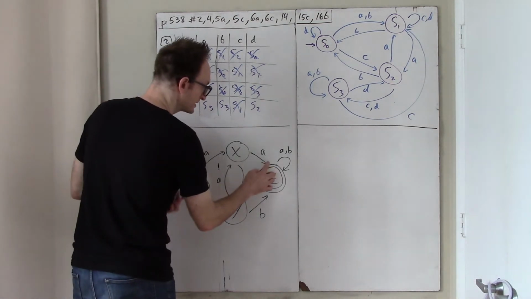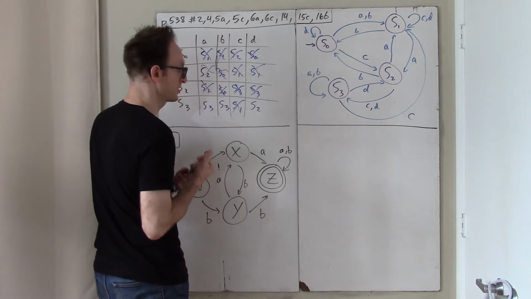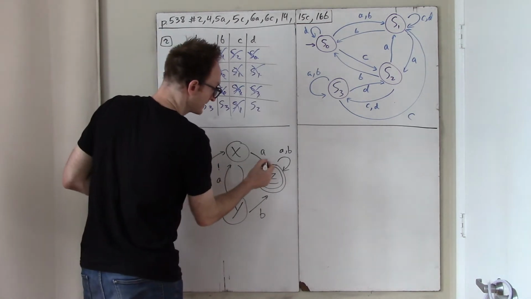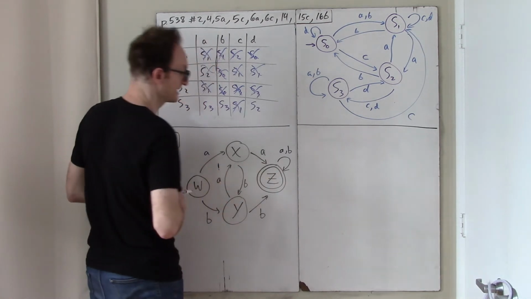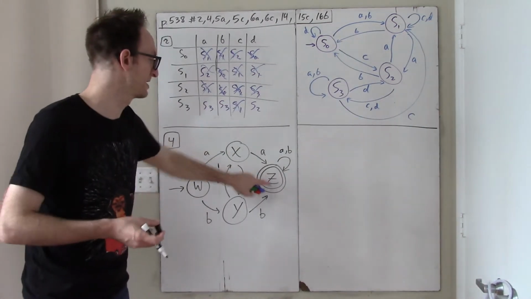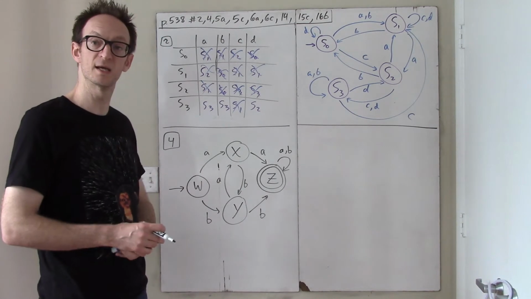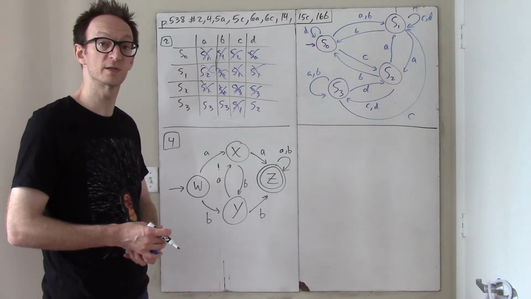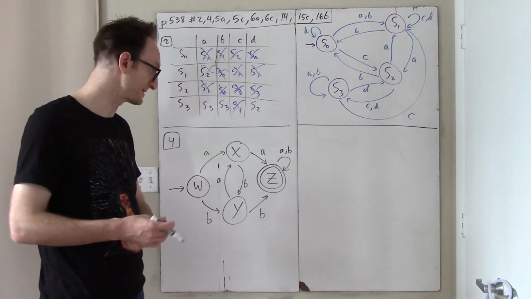Well, I suppose we should start with the accept states. There's only one accept state, Z, and so any string that's going to be accepted needs to get to Z. And actually, once you're in Z, then the string will be accepted no matter what happens subsequently.